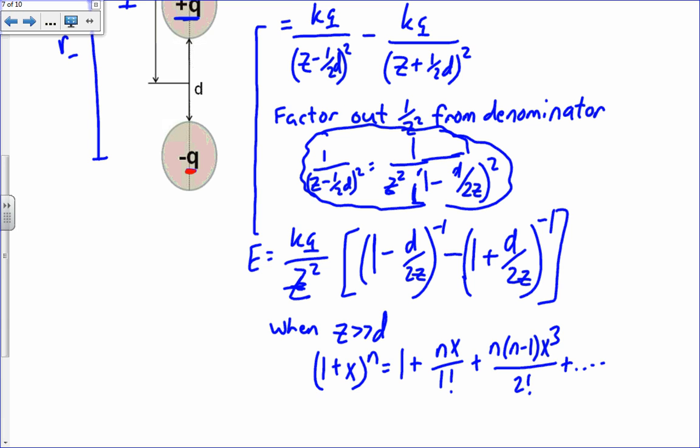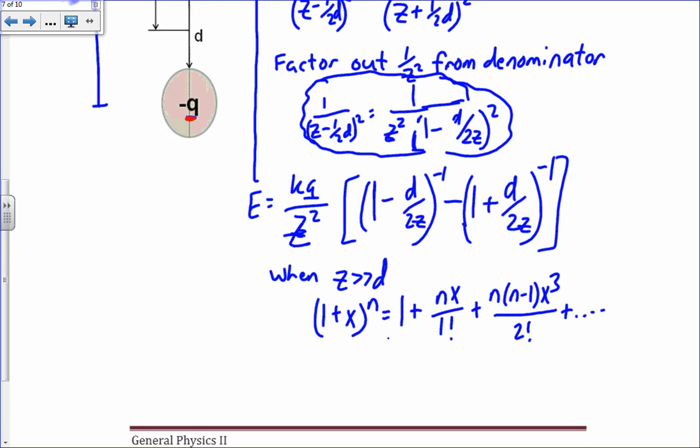So we can make that substitution, but we're just going to use these first two terms, and we're going to let x equal D over 2Z. All right, so this is my x, my 1 plus x to the n. And so n is going to be minus 1.